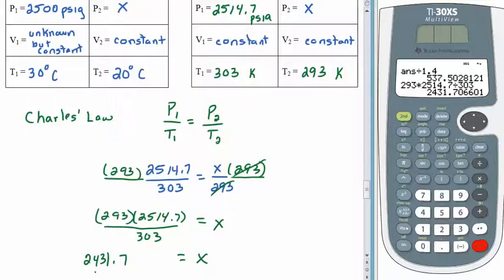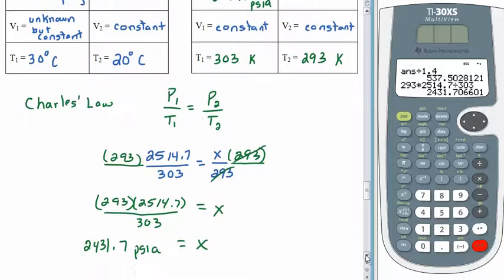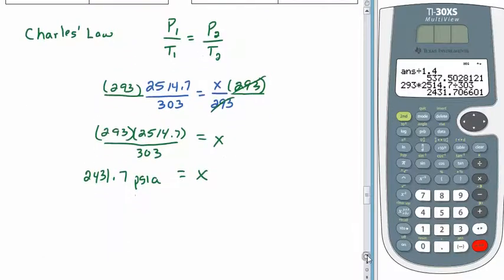What are the units on this 2,431.7? Those should be PSIA, because that's the X in this absolute table. And of course, we were asked to find PSIG.